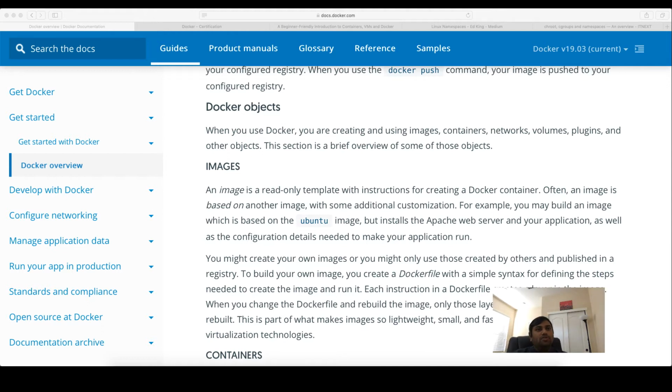You can use Kubernetes to manage your Docker containers. There is another program from the Apache Foundation called Apache Mesos, or you can use Docker Swarm. These are some of the things we need to keep in mind before we really deep dive.